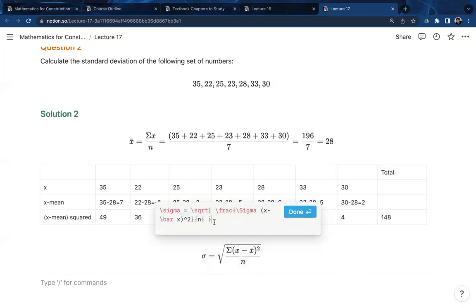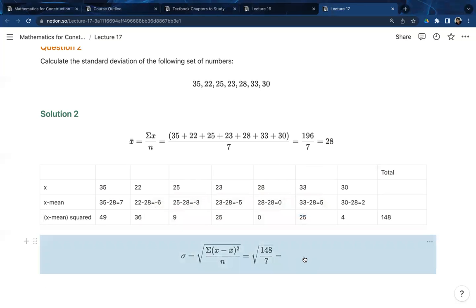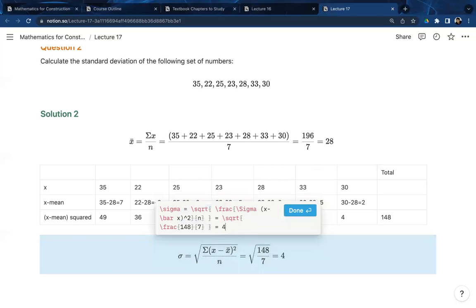So standard deviation should be the square root of 148 over 7. So this is 4.598.